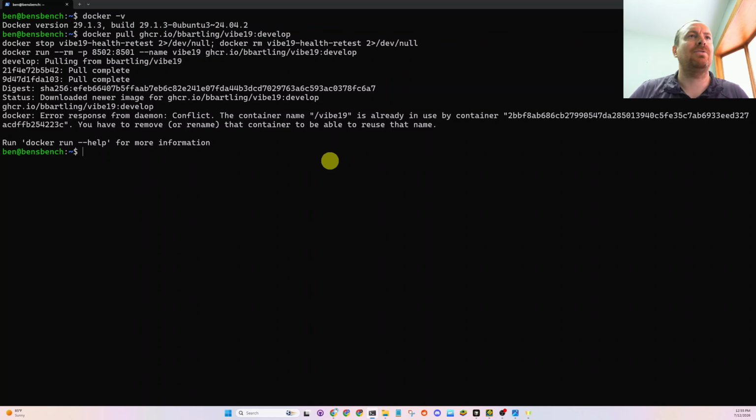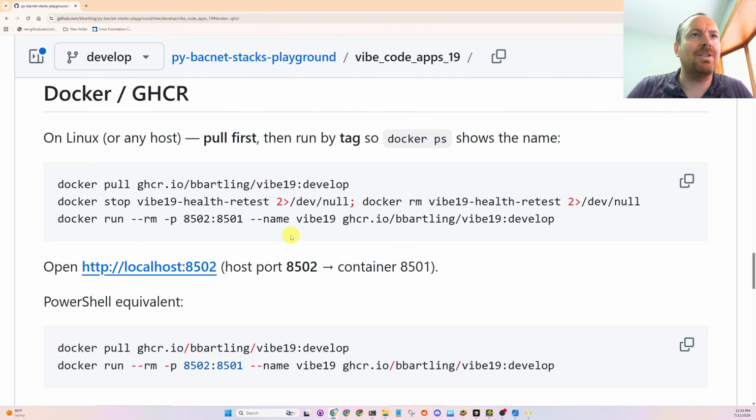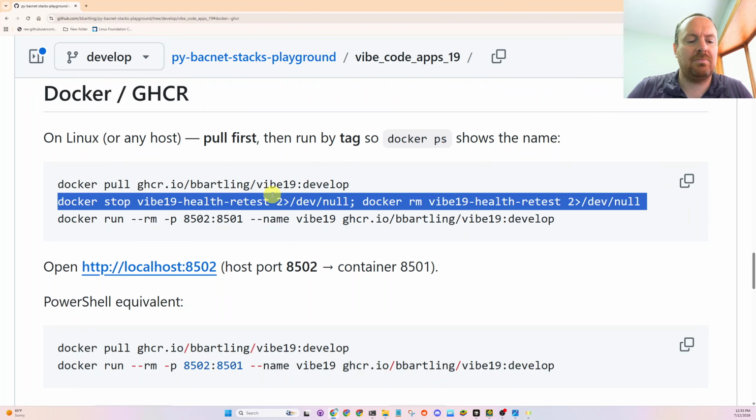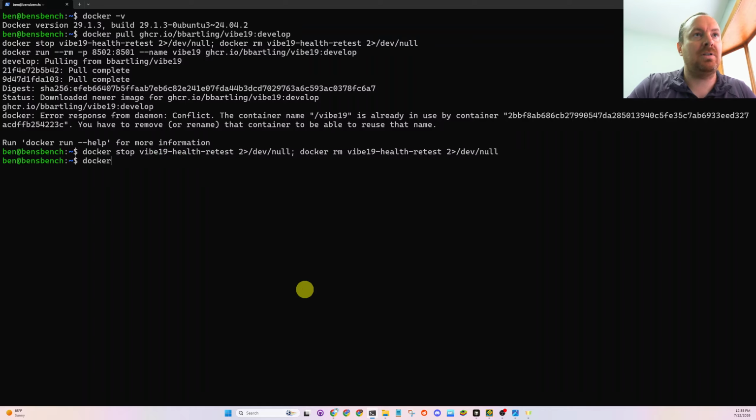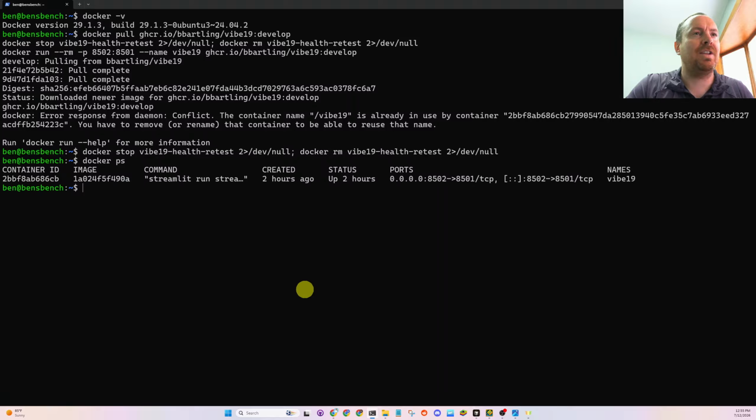Okay, so I do have this old, see, Docker PS. I think I have an old instance of it running. So I'm just going to do Docker stop.